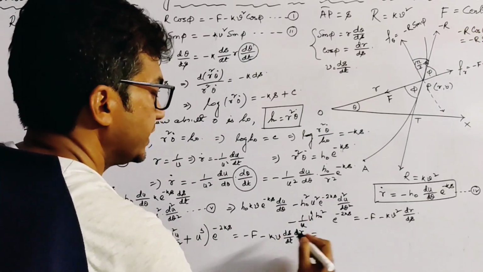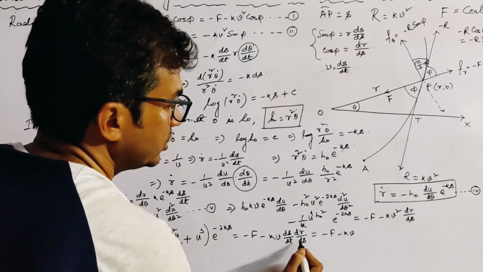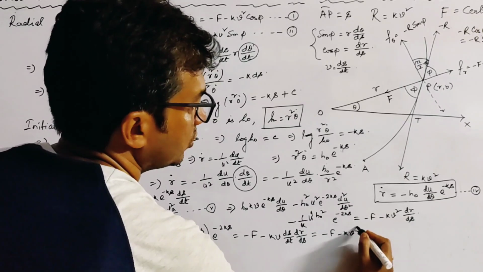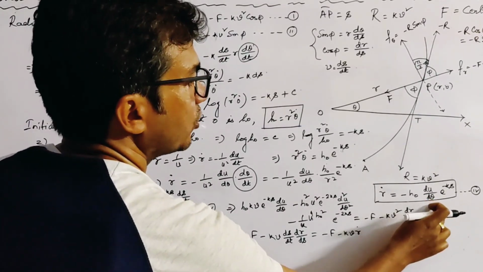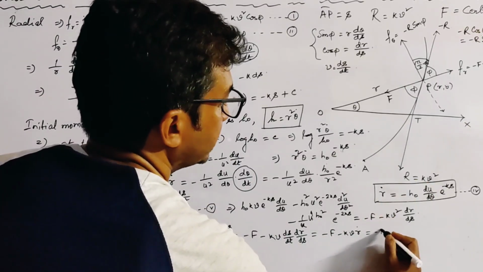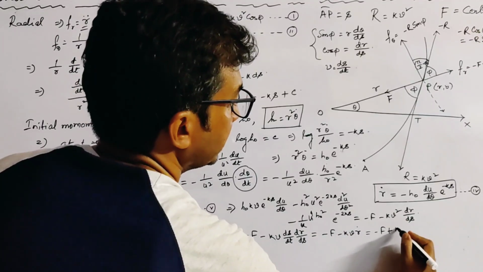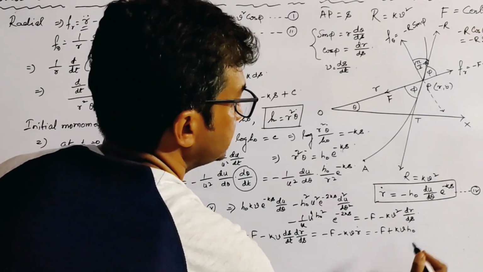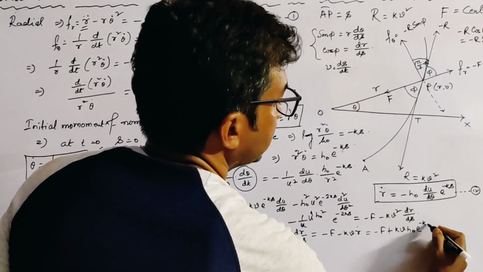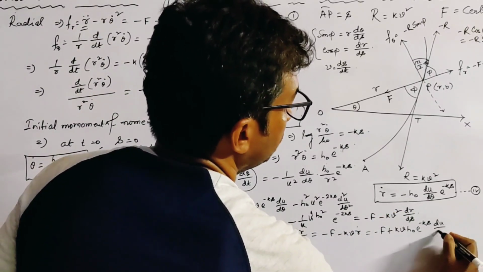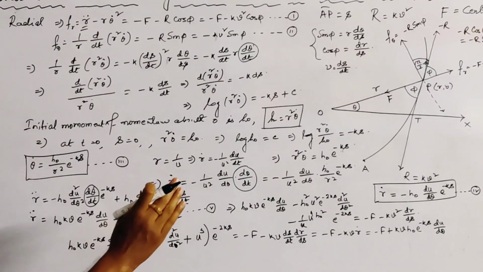So we get the right hand side as minus f minus k v into dr dt, so r dot, and we put the value of r dot from here and get minus f plus k v h0 into e to the power minus ks into du d theta. Okay, we get this relation from 1.